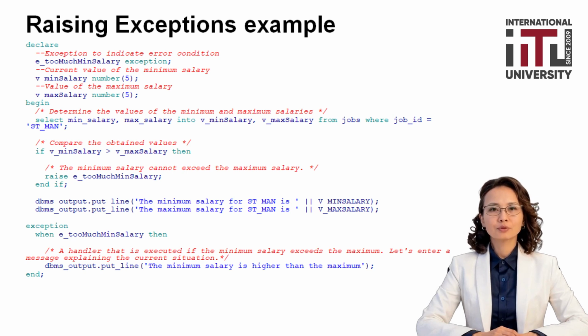If no problem occurs, the program prints the minimum and maximum salaries. If the exception is raised, the exception handler prints a message: the minimum salary is higher than the maximum. This example demonstrates how user-defined exceptions allow us to enforce business rules and handle errors gracefully in PL/SQL.